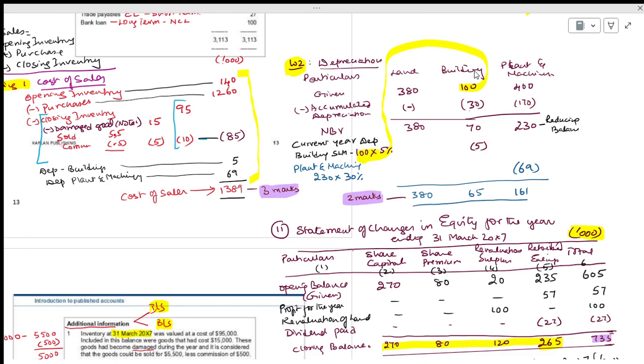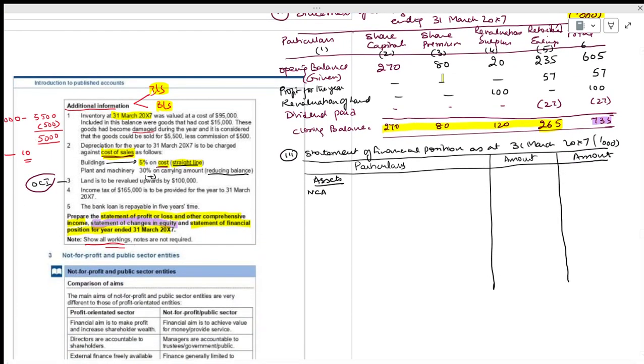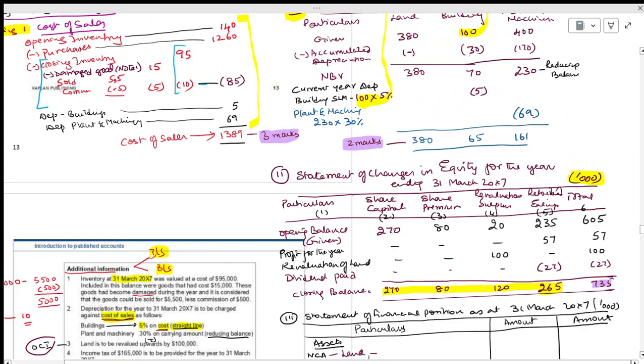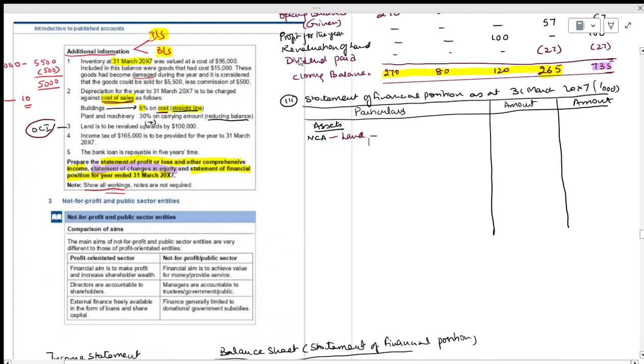Now, non-current assets. Land: how much is the land value? Sumaya, how much is the land value? 380.